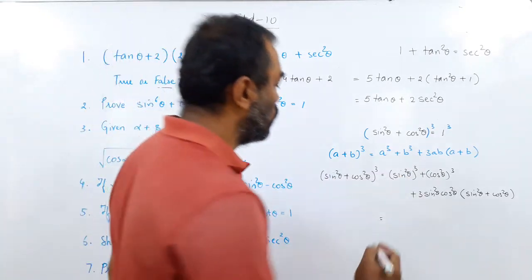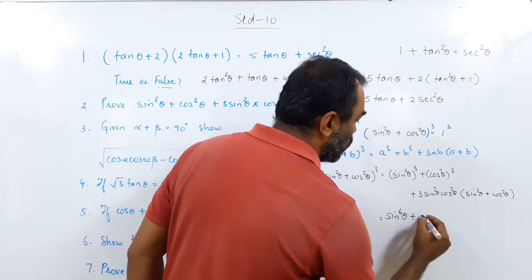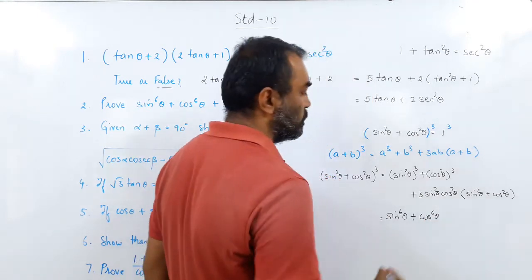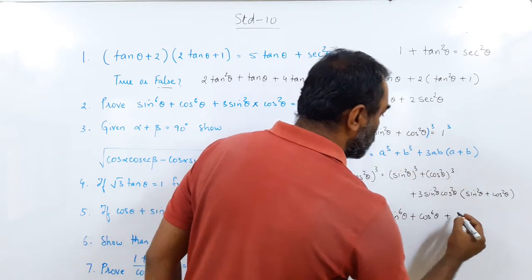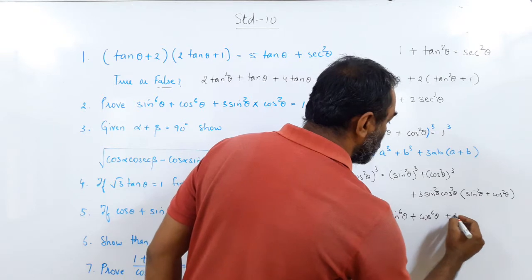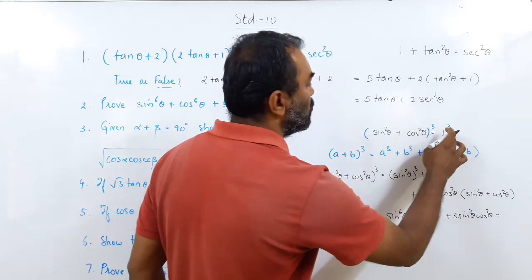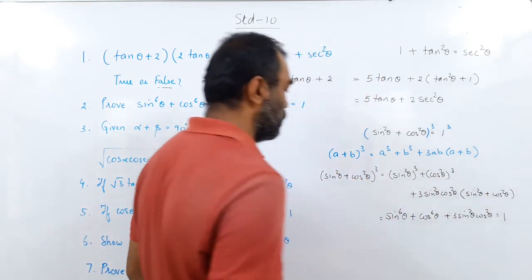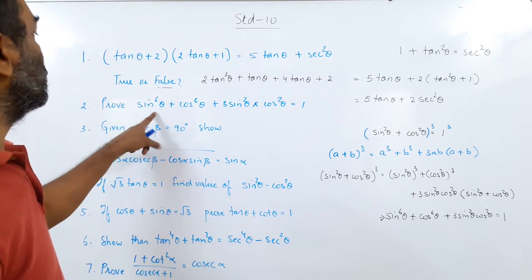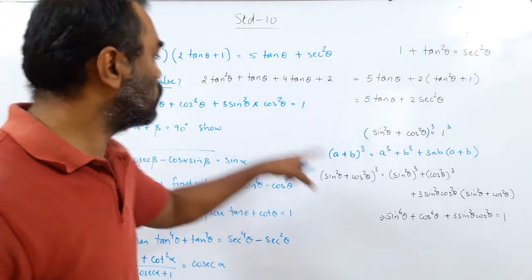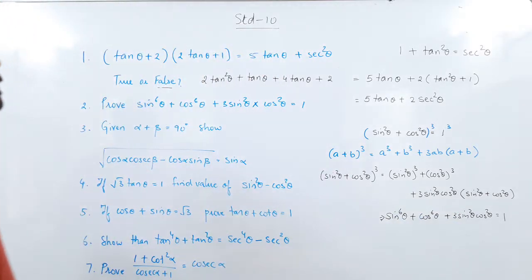Sin square theta, the whole cube, is sin raised to 6 theta, plus cos square theta, the whole cube, gives me cos raised to 6 theta, plus what is sin square theta plus cos square theta? That was equal to 1. So I get 1 into this, which gives me 3 sin square theta cos square theta. And what is 1 cube? 1 cube is 1. Hence, what have we done? We have proved that sin raised to 6 theta plus cos raised to 6 theta plus 3 sin square theta into cos square theta equal to 1.